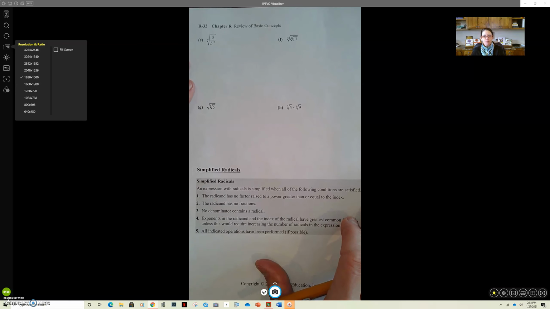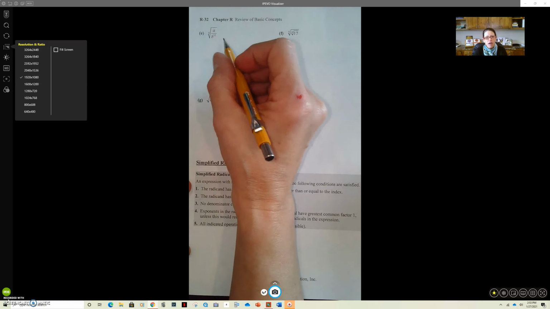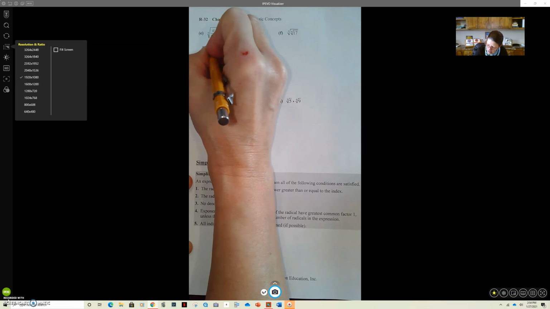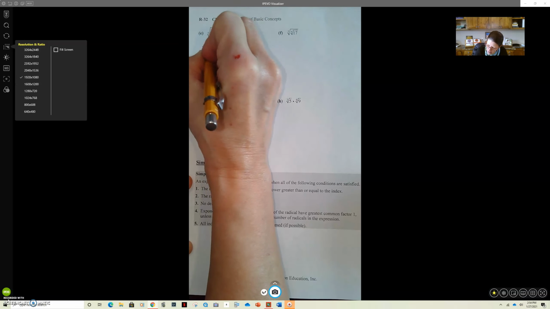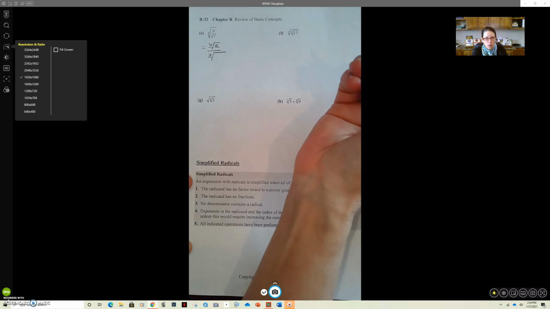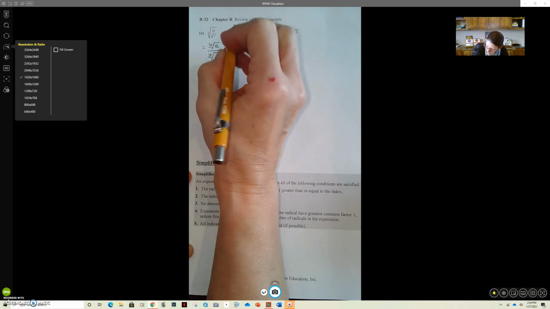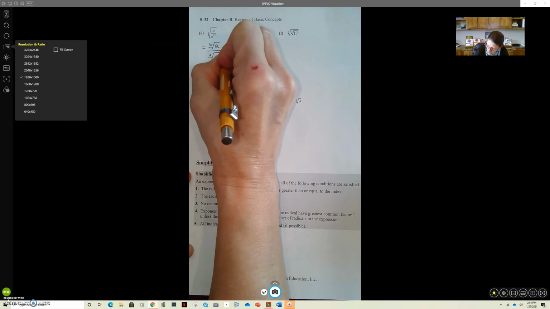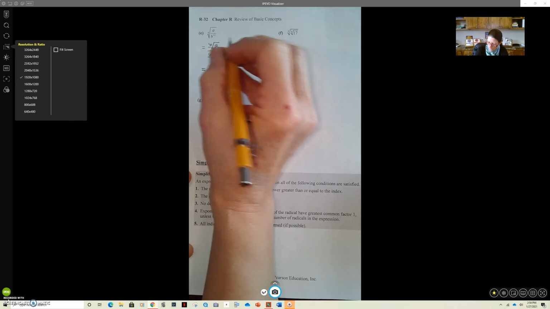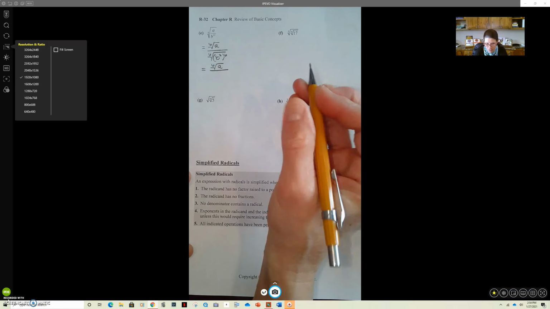Part E. Here we've got the sixth root of a over b to the 12th. And we can write this as the sixth root of a over the sixth root of b to the 12th. I'm going to think of that b to the 12th as b squared to the 6th. The sixth root of a remains in the numerator.